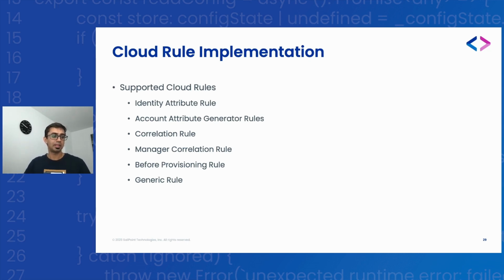And the lifecycle state calculation depends on data from a lot of different data sets. It could be the hire date of an employee, the end date of an employee, and the status of an employee. Like that, we need to consider a lot of different attributes, right? Sometimes it becomes complex to achieve the desired result through the transform, right? So in those cases, we need to leverage identity attribute rule.